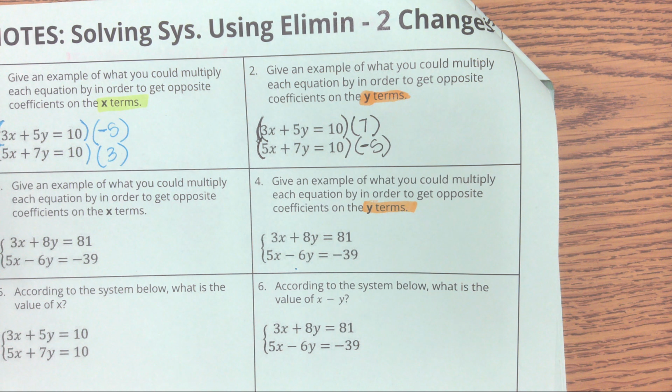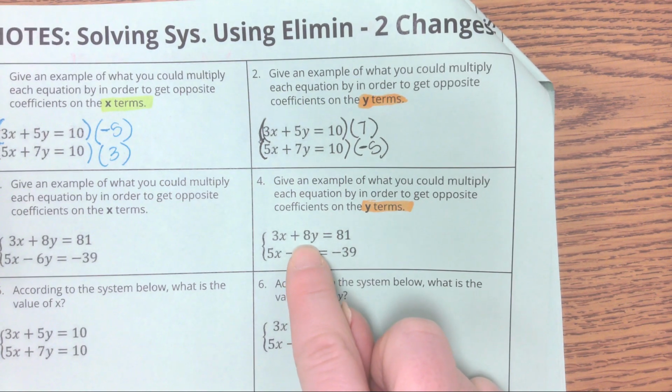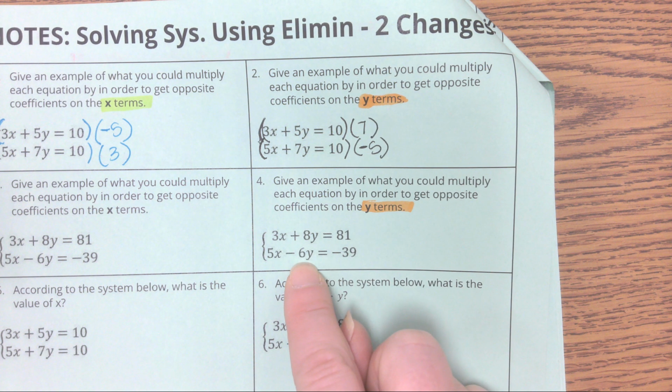Any ideas? So if you multiplied the top by 3, you'd get a 24y, yes. And the bottom by 4 to get a -24y. Who didn't see that? What if you chose and you knew it was 6 and 8 to get 48y?